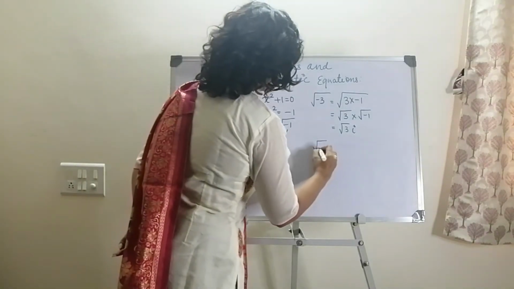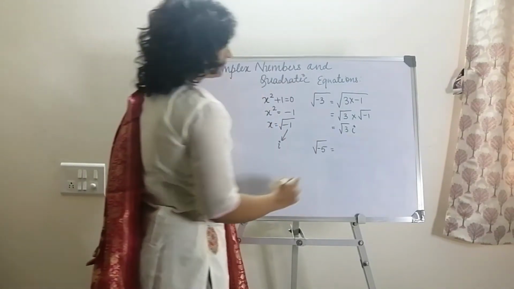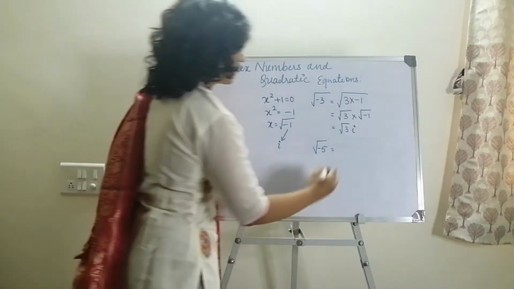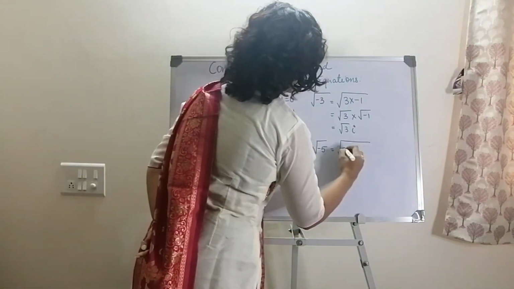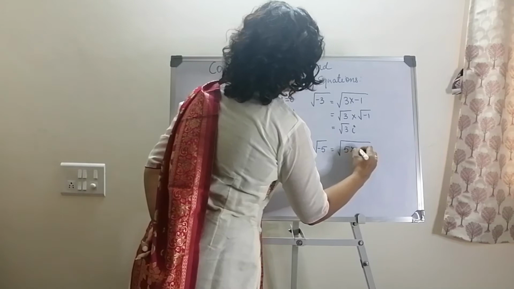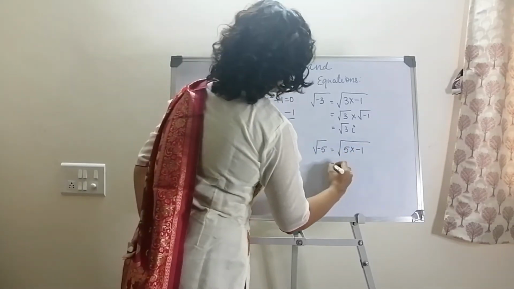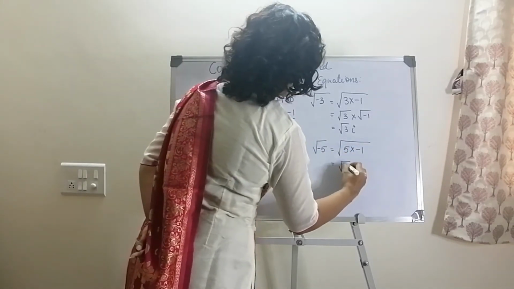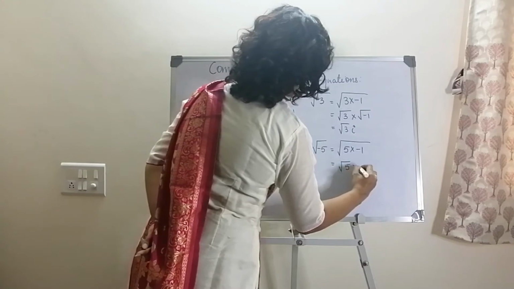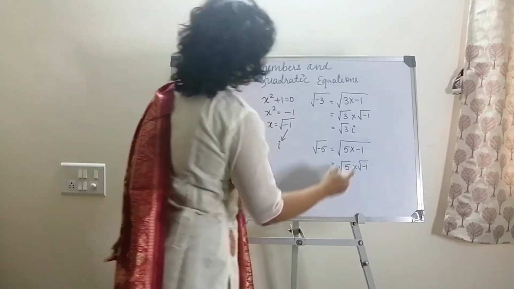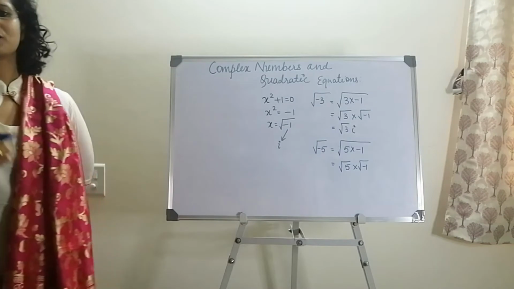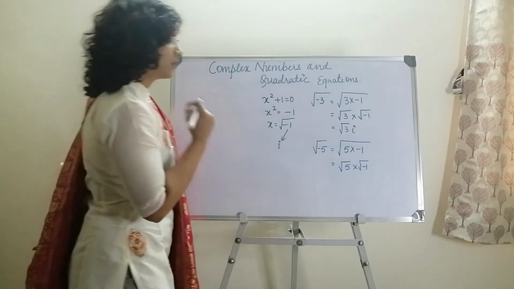Similarly, if I have root of minus 5, root of minus 5 can be written as square root of 5 into minus 1. This can be bifurcated as root 5 into root of minus 1. We already know that root of minus 1 is i.